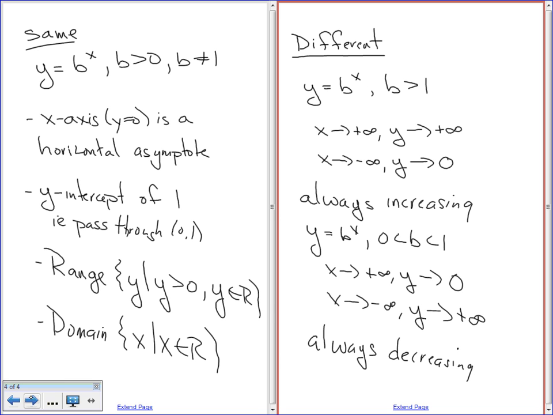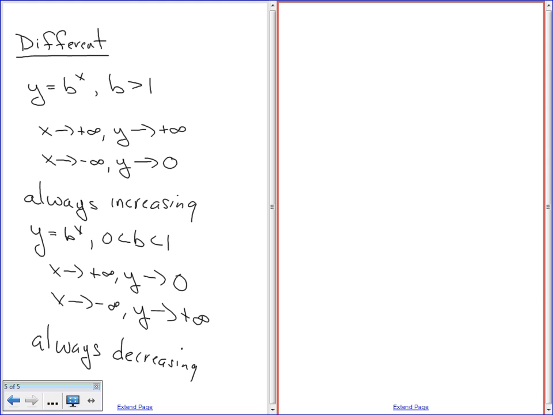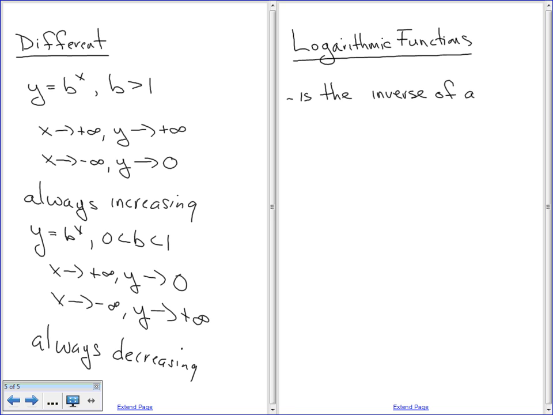Okay, so now we're getting into the new stuff, which are logarithmic functions. So a logarithmic function is the inverse of an exponential function.